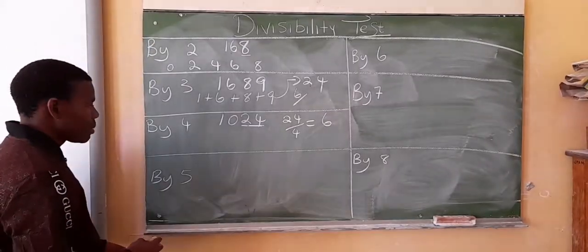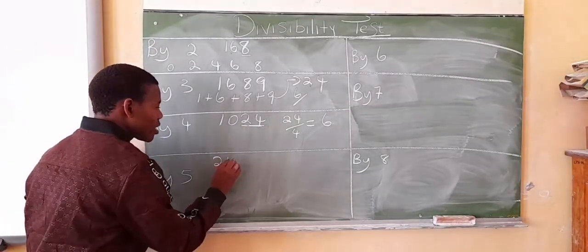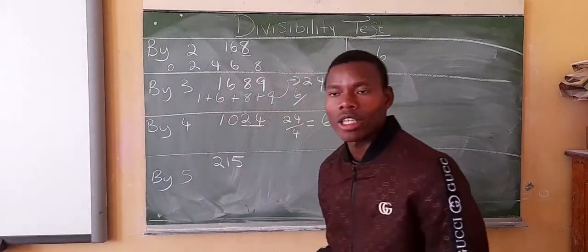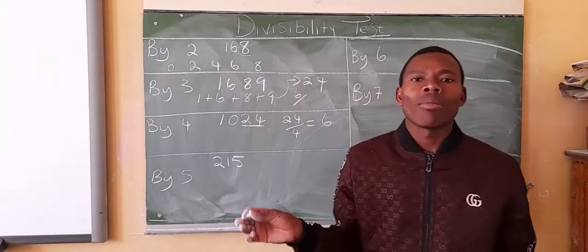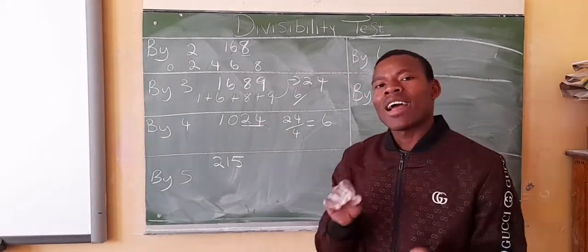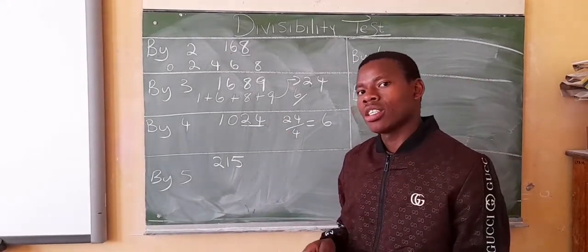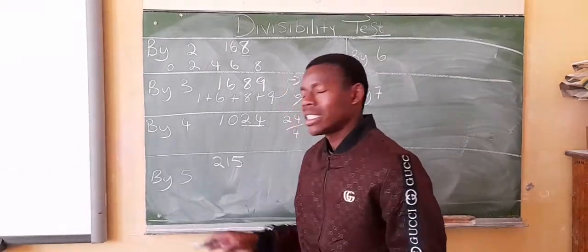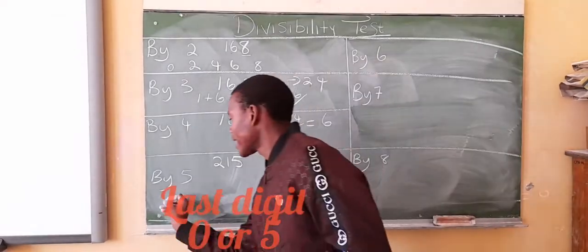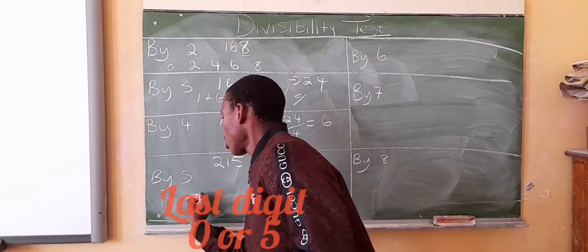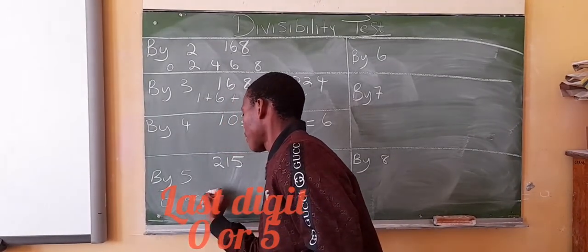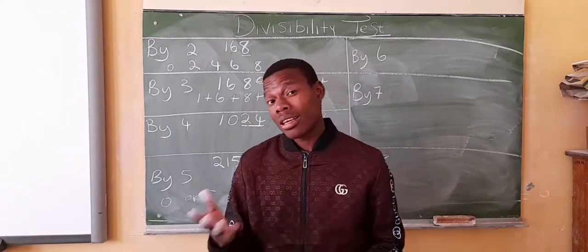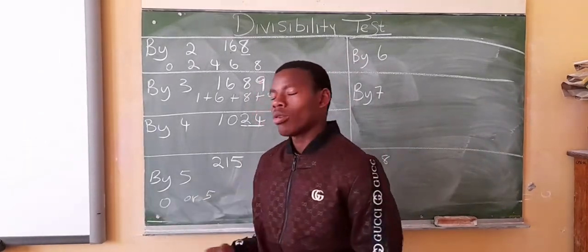Let's come to divisibility by 5 and take a typical example, say 250. We can have as huge a number as we like, but if we understand the gist, you are not going to go wrong. If the number is divisible by 5, it has to end with 0 or 5. If the number ends with neither of these, then it is not divisible by 5.